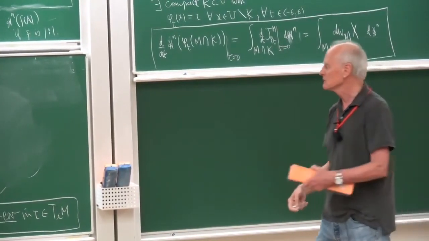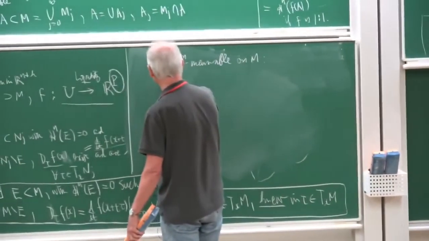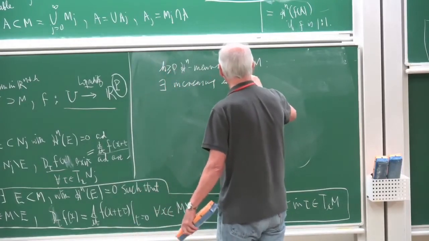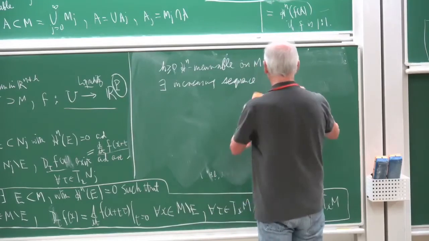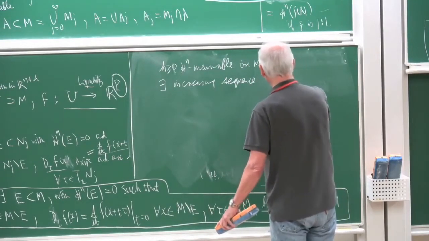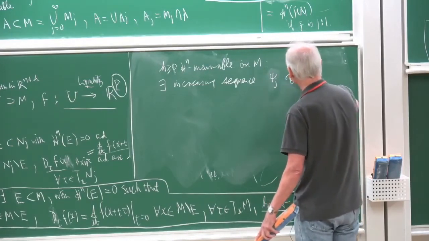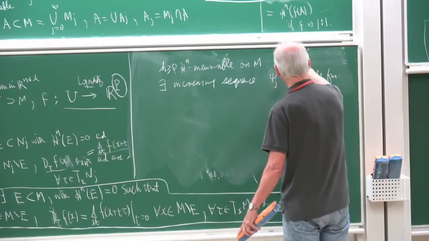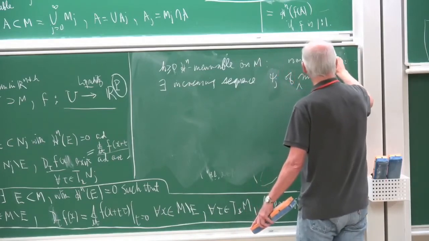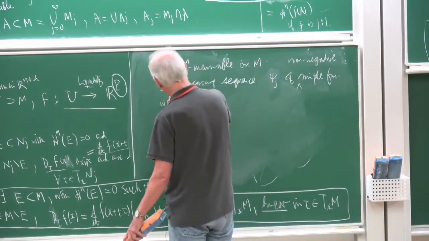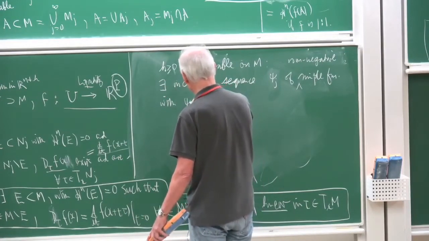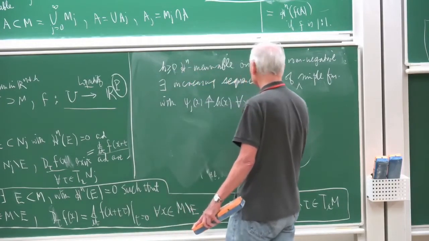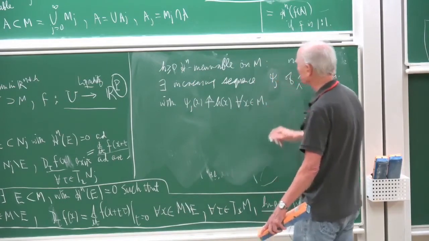So there exists an increasing sequence, let's call it φj, of Hn measurable non-negative simple functions which converge to h pointwise everywhere, with φj(x) increasing to h(x) for every x in M, no exceptions. You can always do that.